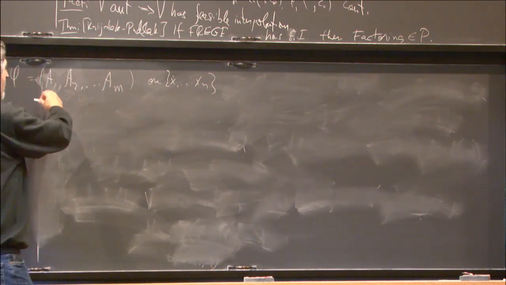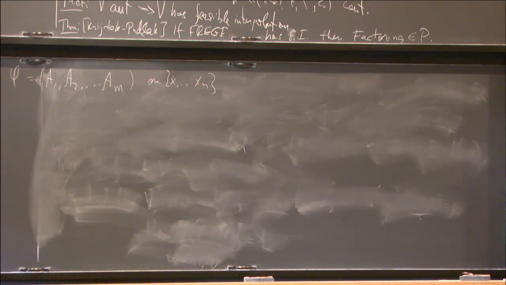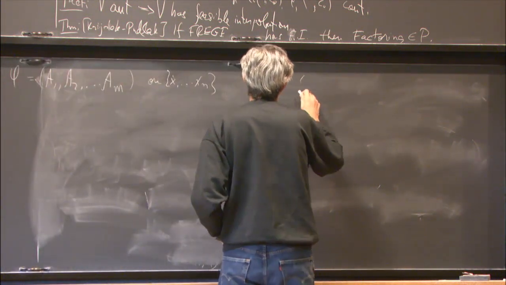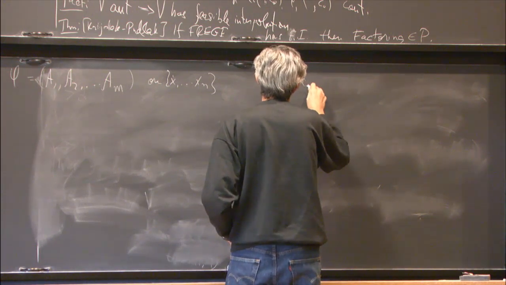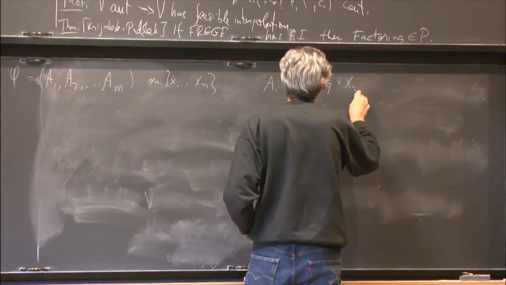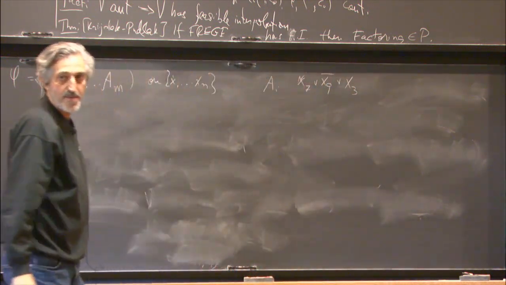From now on, they will be clauses. It will turn out that it will be useful not to always think about them as clauses, but for now you should think of them as clauses. So each one is something like x7 or x9 complement or x. Okay?